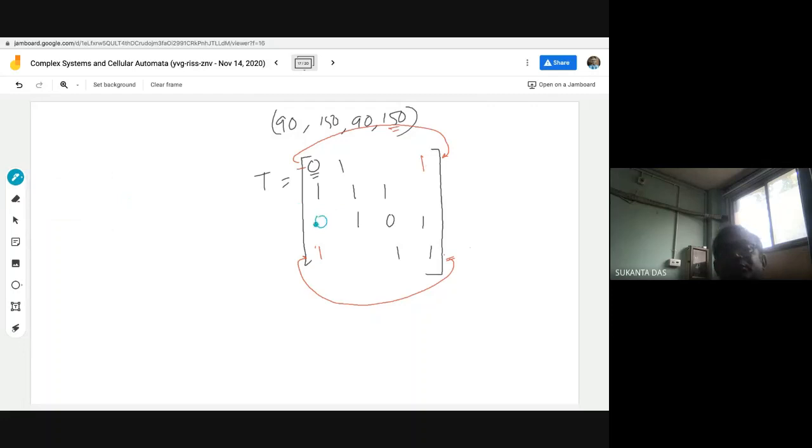So the important thing here is these two positions of the T matrix. So in this way you can generalize it. This is for rule 2.1 I have taken, so you can generalize for any R, with the same logic.